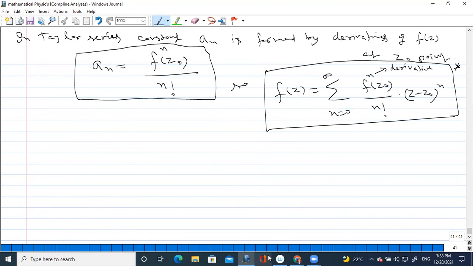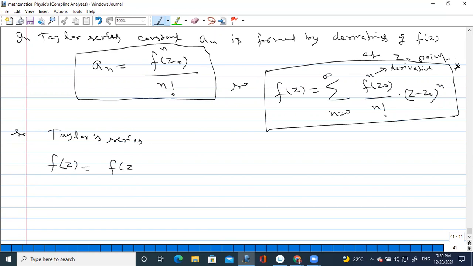Okay, now again, if you expand this, because I have put the A1, A2, A3 values here, the Taylor series will be f(z) equals, in place of A0, f(z0) only. Factorial 0 is 1 only.